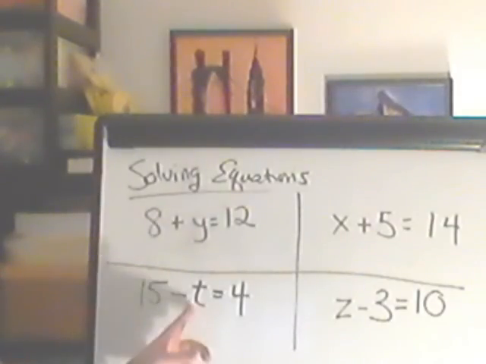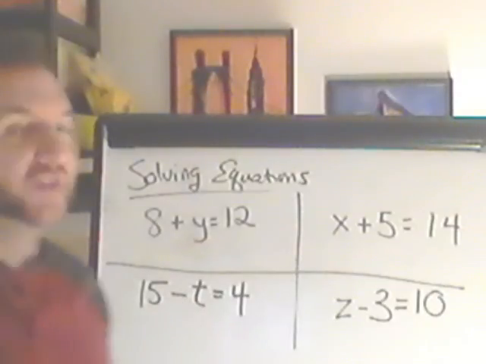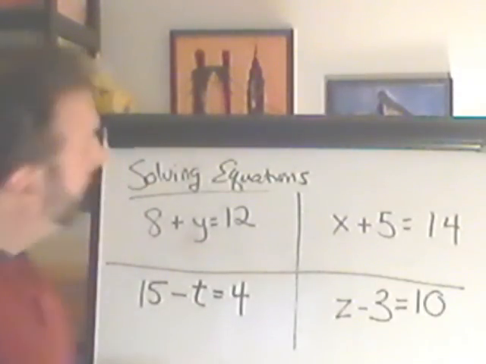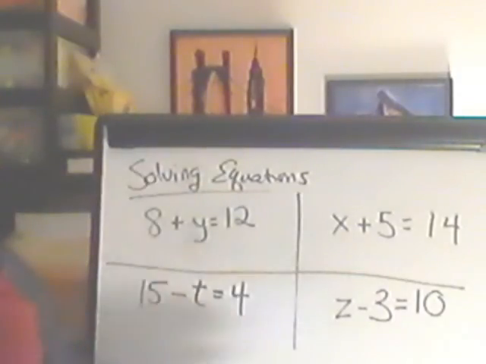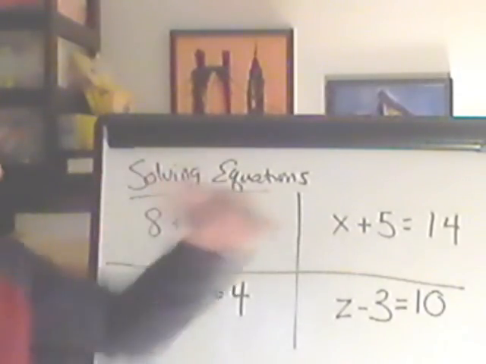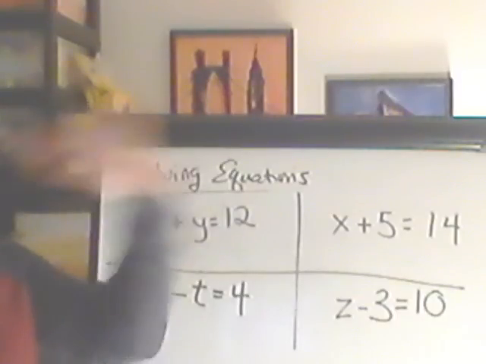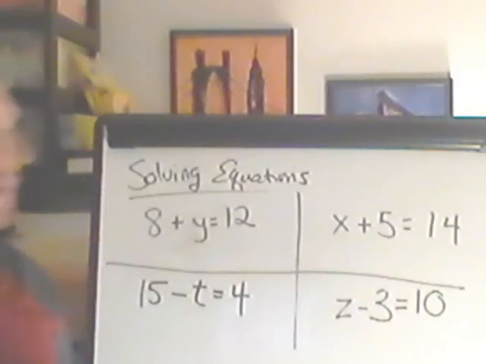I know I threw in another letter here, T. We didn't use T before, but remember, you can use any letter when it comes to algebra and mystery numbers. So do them the way I showed you in the earlier parts of the video. Make sure you go through the steps, go over it a couple of times before you get comfortable with it, and eventually you'll get in the groove with it, okay?